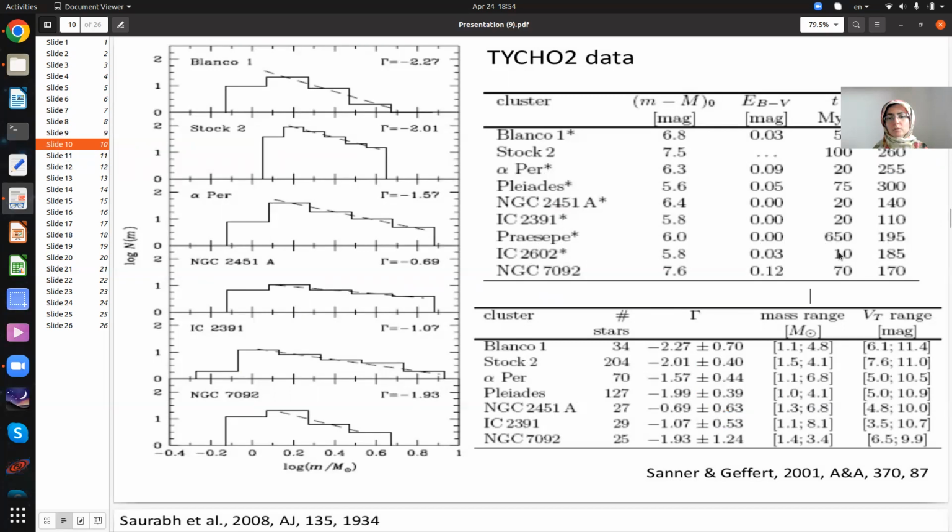It's old, but IC 2600 is a young cluster, or for example, Alpha Persei is a young cluster. And the point is the gamma is here. When they measure the gamma, they see there are a lot of large errors. The errors are large, you see, even 1.24.